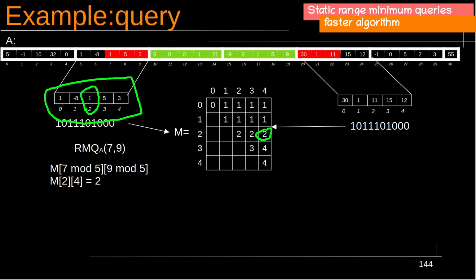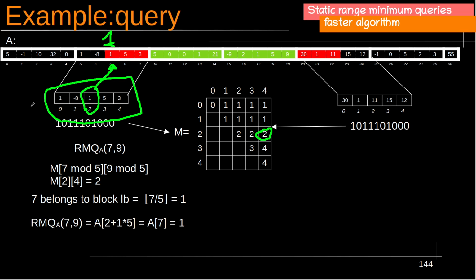Now how to get this from the original array? Position 7 in the original array belongs to the block, let's call it the left block LB, which will be the floor of 7 over 5, where 7 is the left boundary and 5 is the block size. We get 1. So 7 belongs to block number 1. So how to get 7 now?